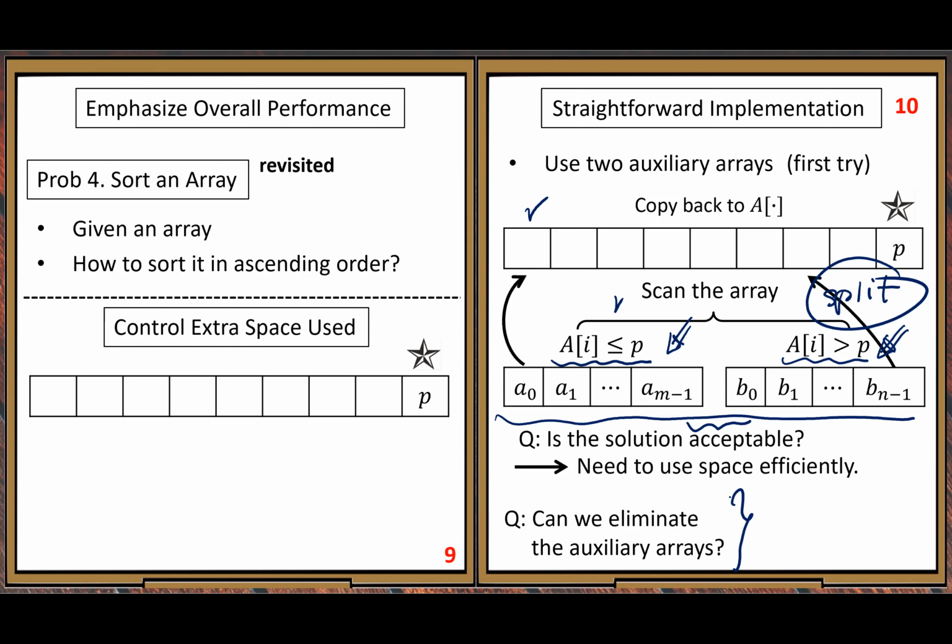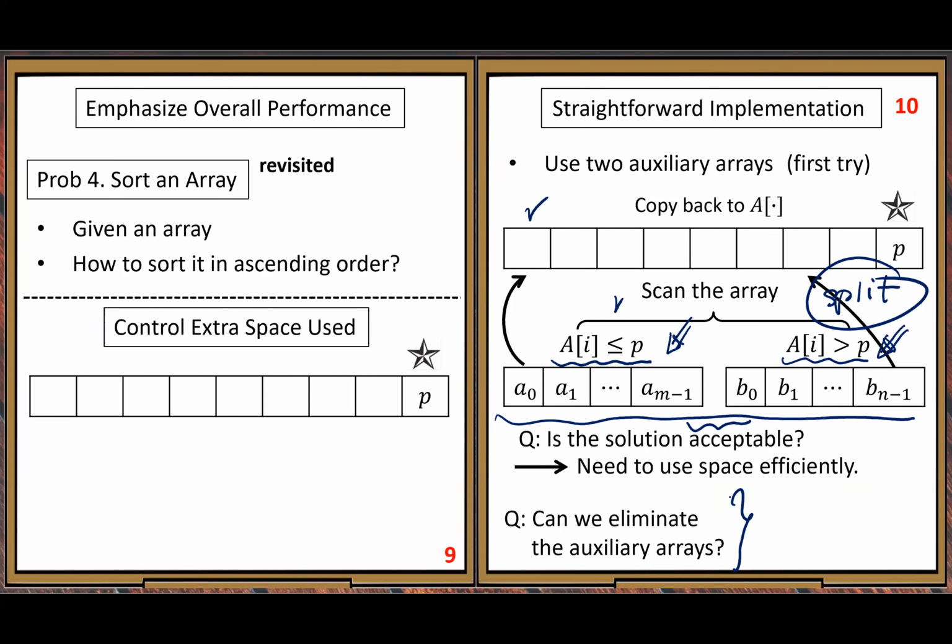All these locations are occupied by the given elements in the array. In order to move elements around, we need to use extra space, but we like to use the minimum amount of extra space.